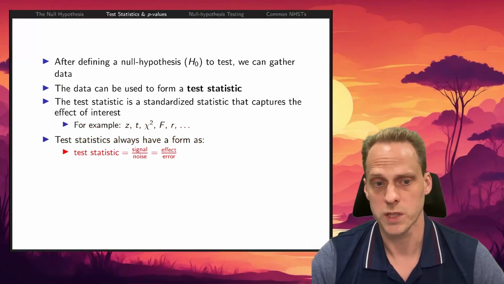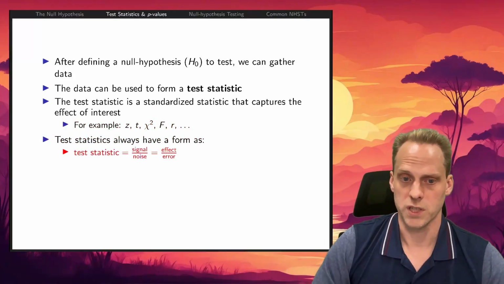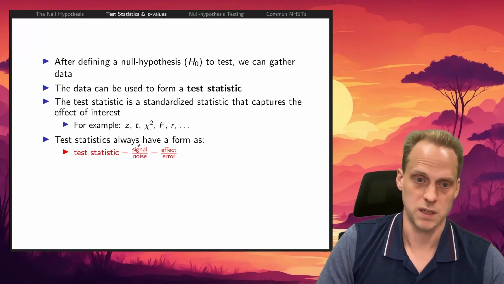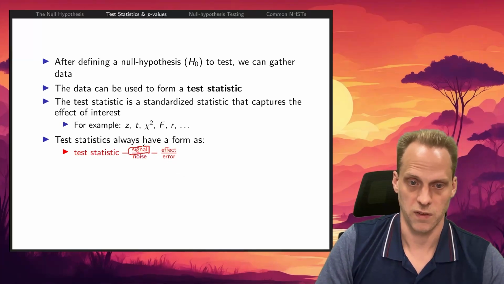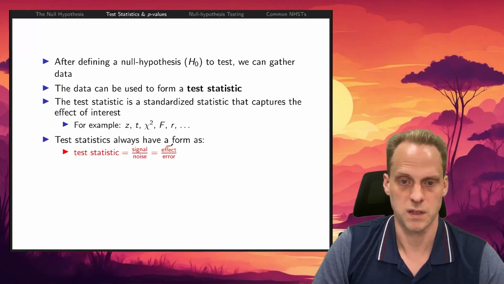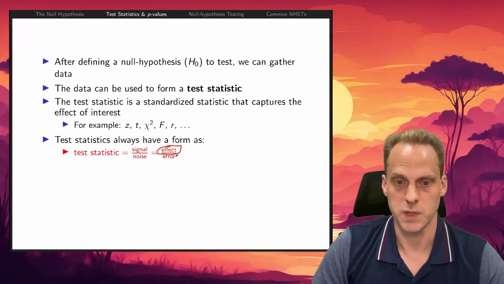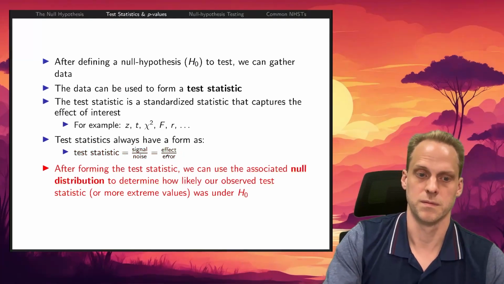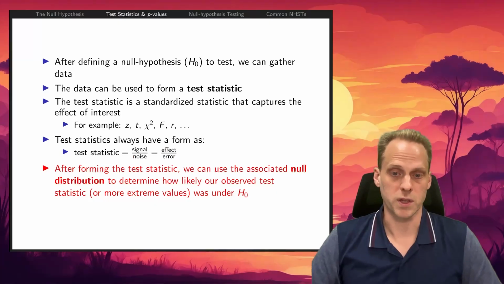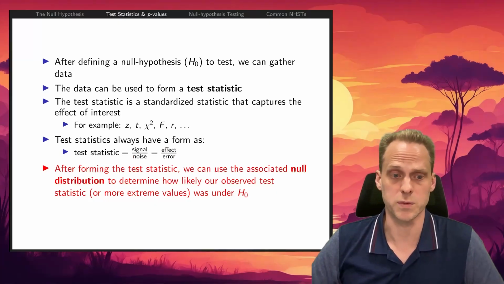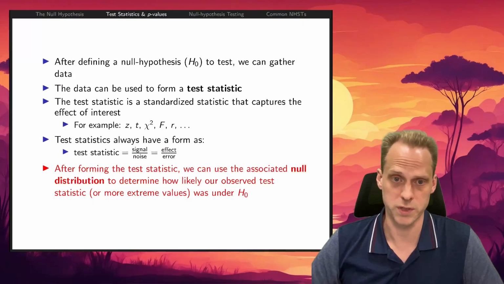Test statistics always have the form of a signal to noise ratio or effect to error ratio. So basically, there's some effect, some signal, let's say effect, some distance from the mean, compared to how much uncertainty there is. After forming a test statistic, we can use the associated null distribution to determine how likely our observed test statistic was under the null hypothesis.